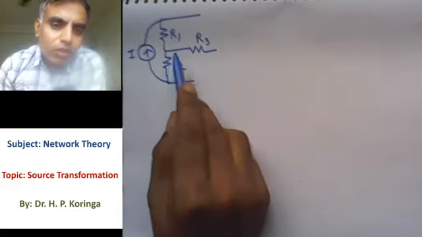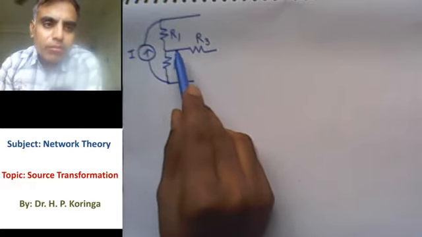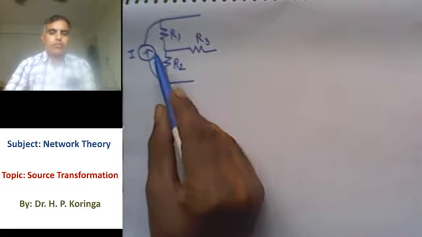We can't say series, but it has some network which has R1 and R2, right?